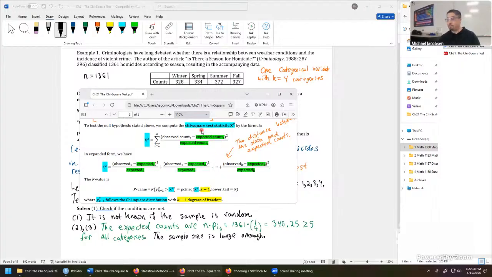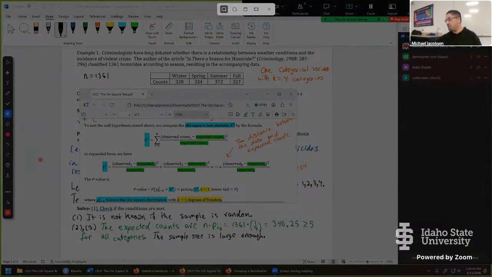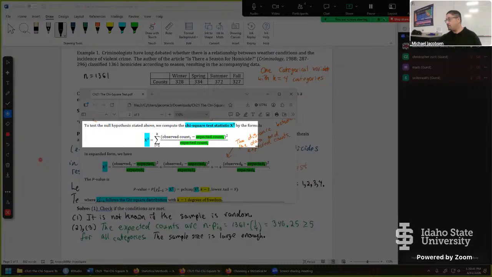We'll use this in the next chapter 22 as well. We take the difference between the observed count and the expected count, square that, and divide by the expected count to get one so-called chi-square component. Add them all together. We have four components to compute, and that's going to be our test statistic, chi-squared. So that's going to be our next step. Let's throw this on the paper just for quick reference.